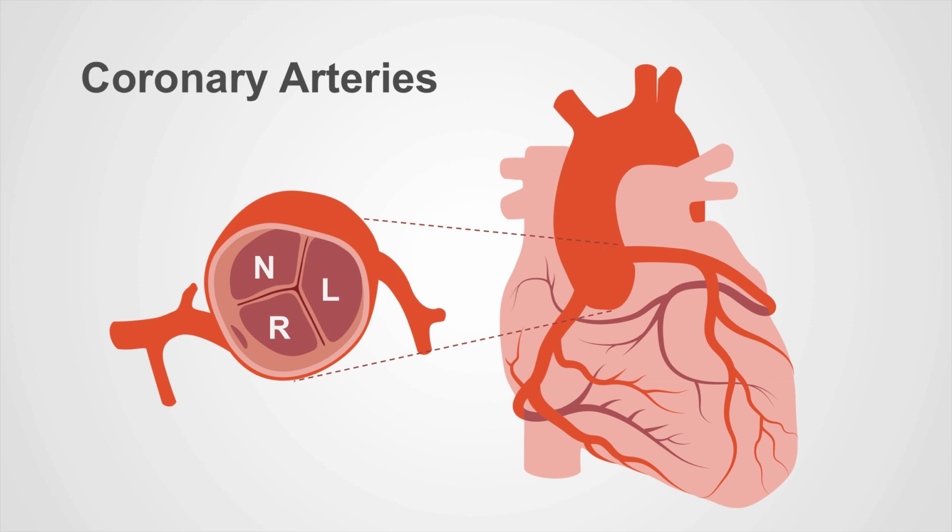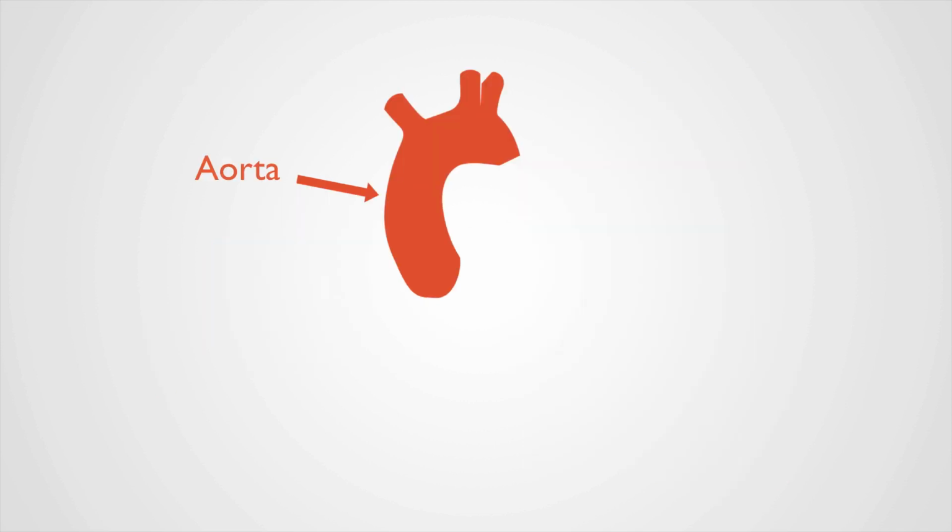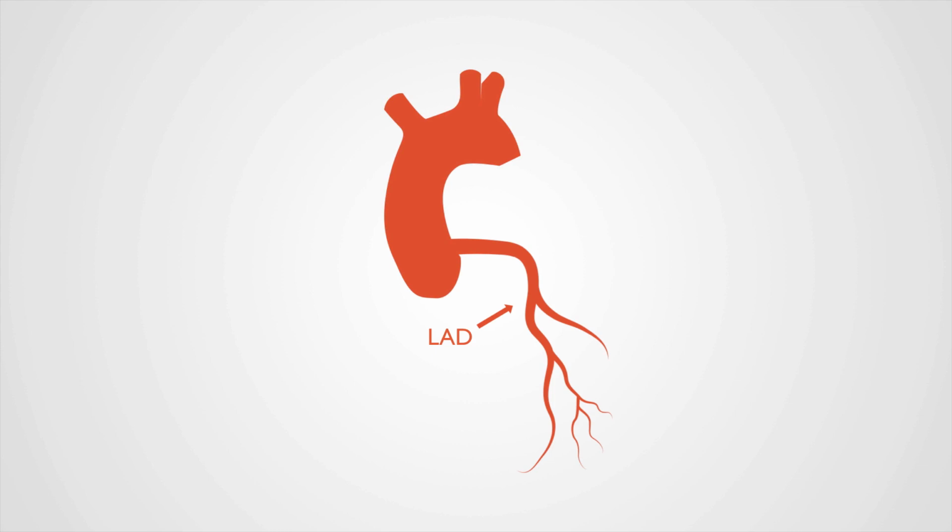Obviously, there's going to be some variation in this between individual subjects. So let's start by discussing the left coronary artery first. From the aorta, it originates as a vessel known as the left main stem. This divides, or bifurcates, to form the left anterior descending artery, or LAD.